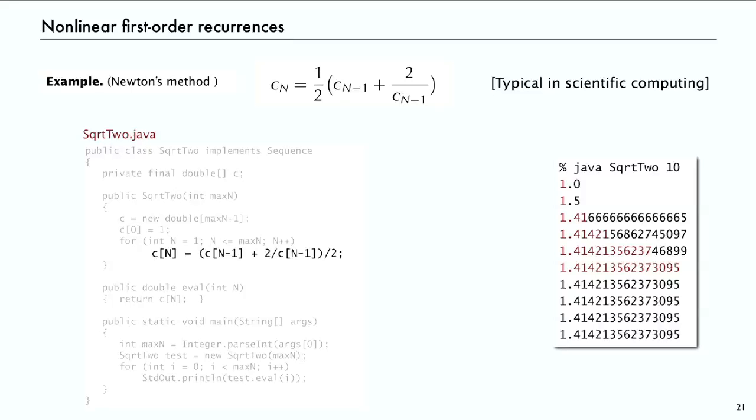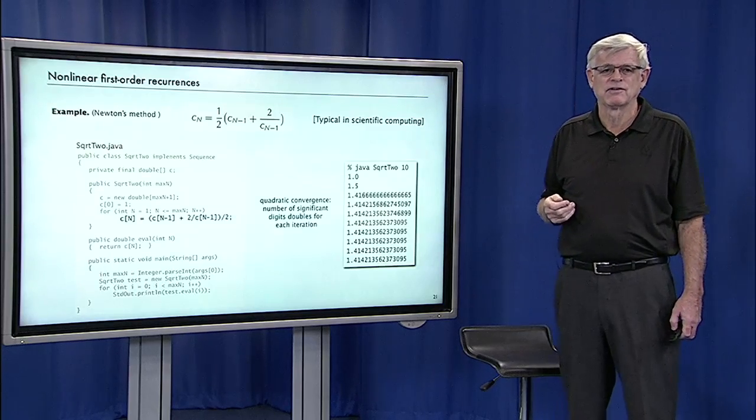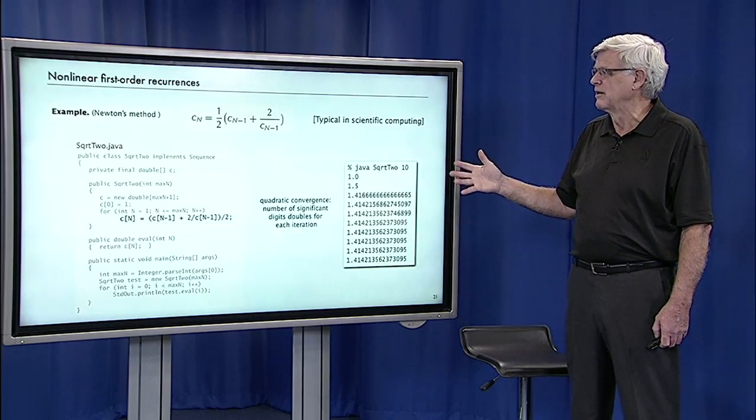If you print out values for that, you see it gets very close to the square root of 2 very quickly. It's actually got quadratic convergence. The number of significant digits doubles on each iteration. It's a very efficient way to compute roots, and it applies to lots of other functions, not just square root.